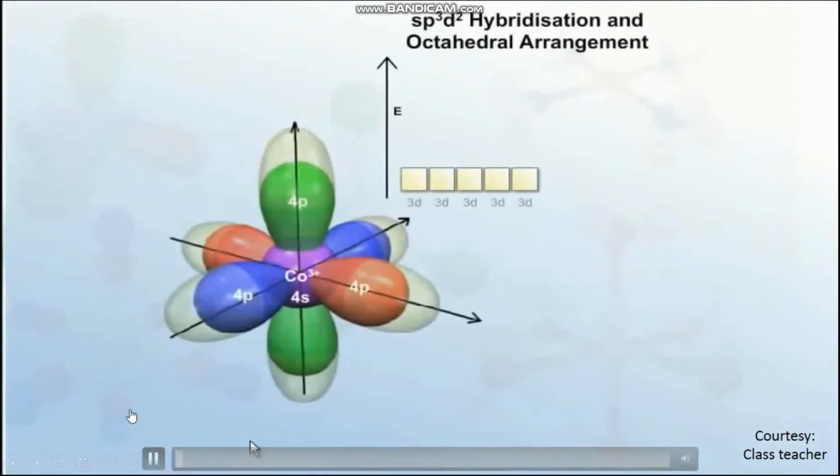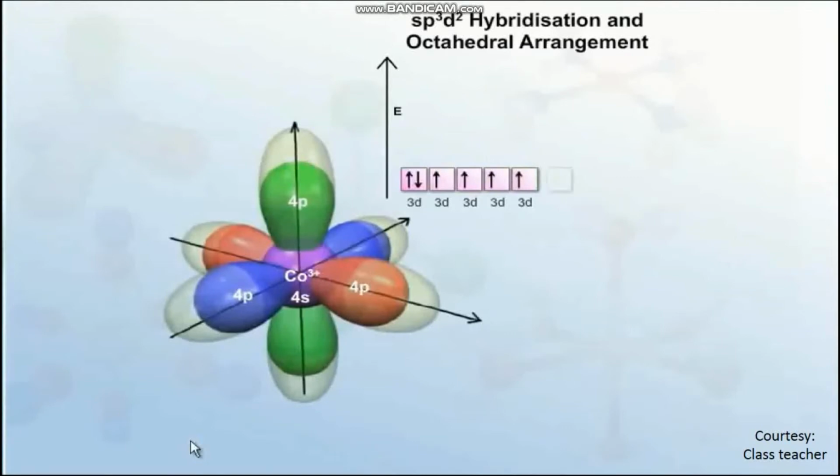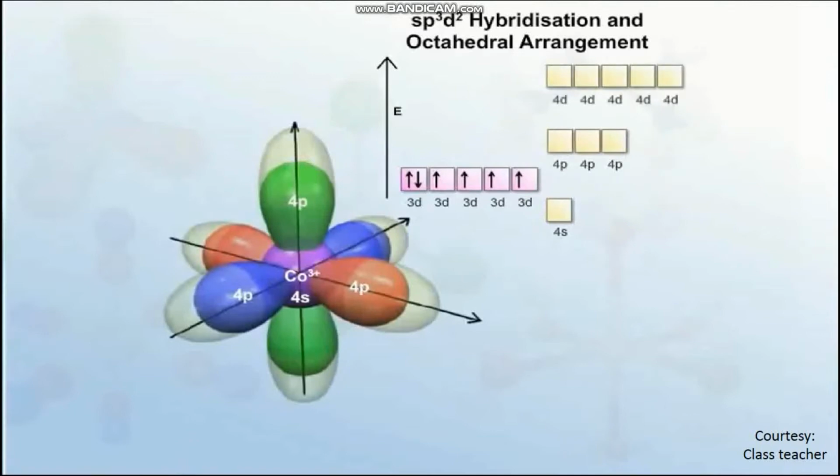In hexafluorocobaltate complex, cobalt free ion hybridizes one 4s, three 4p and 2 of the 4d orbitals to form 6 sp3d2 orbitals, and 3 unhybridized 4d orbitals remain empty.